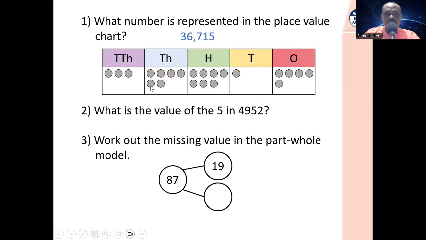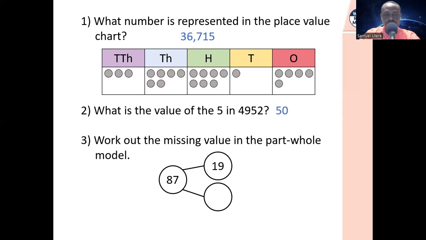So the number, therefore, is 36,715. But we're going to be using a lot more of the place value chart in this lesson. And then, what is the value of 5 in 4,952? The value is 50, because we have 5 tens if we were to put these numbers in a place value chart.